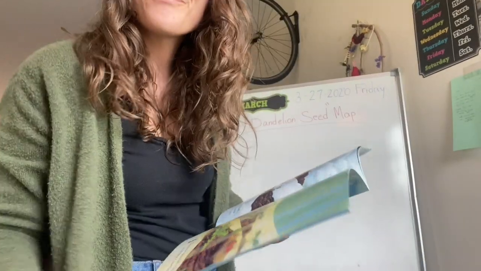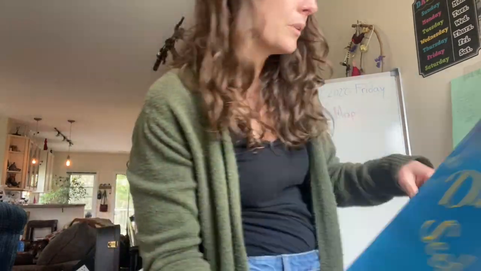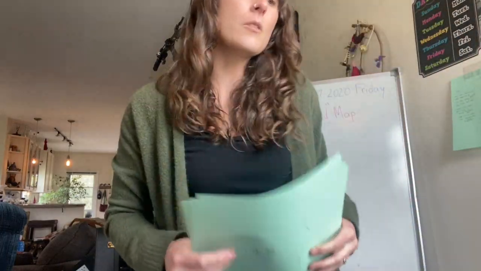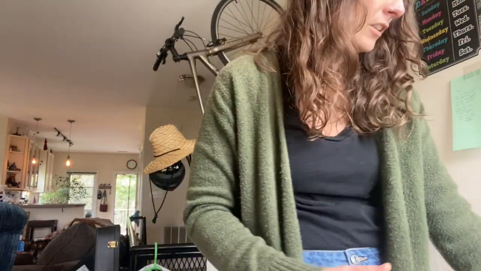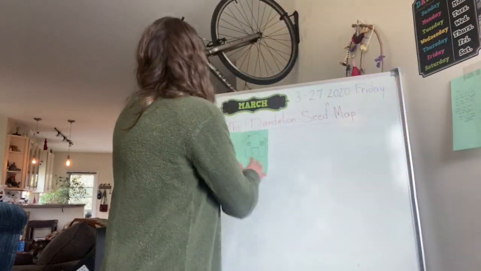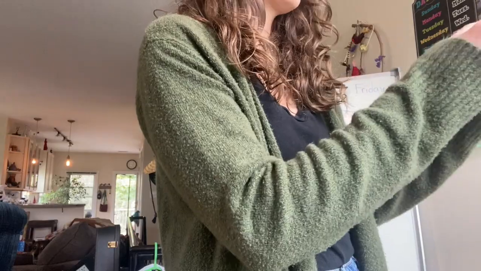Okay. All right, guys. So there are a couple of ways that we can sequence this book. One being we can draw out each sequence on a different piece of paper. So I've done a little example for us and set it up so that they're in sequence. We know that our first in the sequence is in the garden.